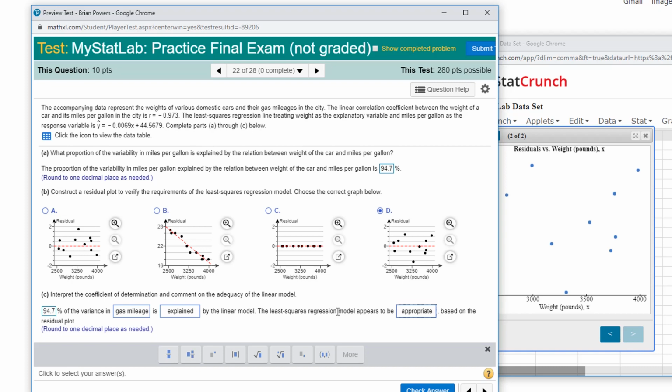The reason is that a residual plot that has essentially no pattern to it is a very good thing to have. And also the fact that my r squared was so high, 94.7 or 0.947. You never get that unless you have a really, really strong relationship.